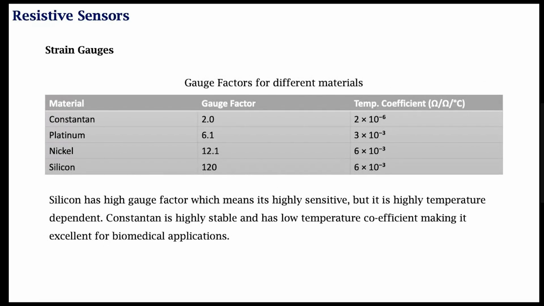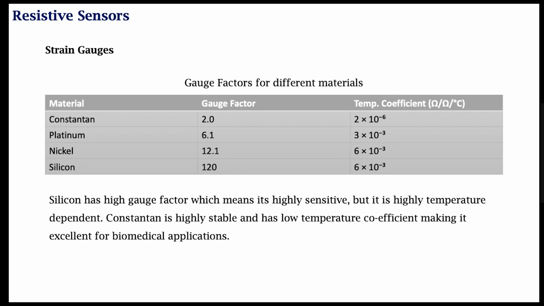Here are some typical values of gauge factor and temperature coefficients for different materials. What you note is nickel has an excellent gauge factor of 12, but its temperature coefficient is of the order of 10 power minus 3, whereas the temperature coefficient of constantan is of the order of 10 power minus 6.